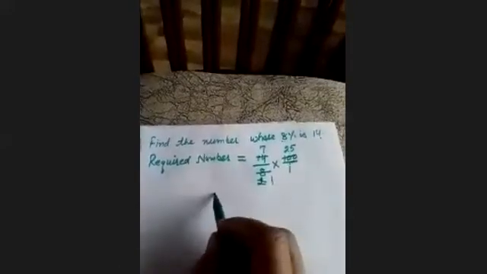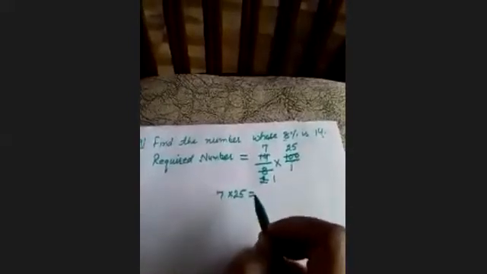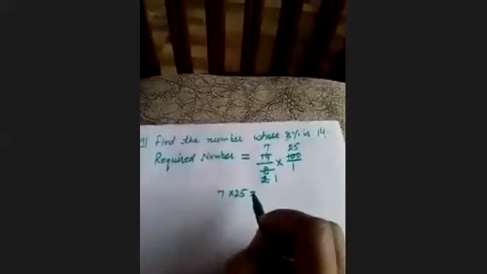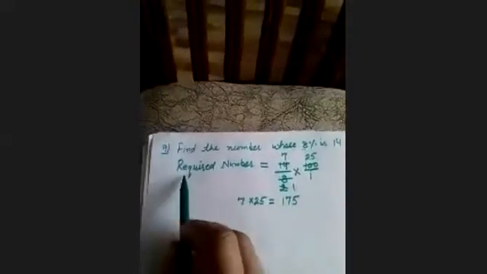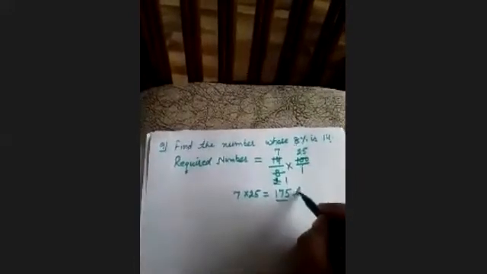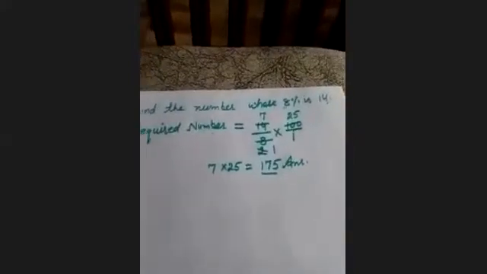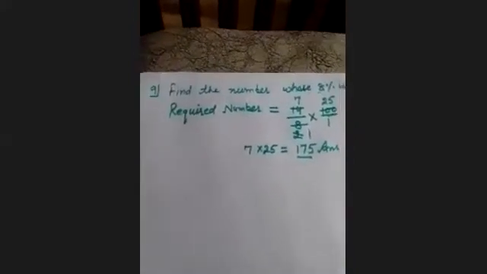Now students, we have 7 multiplied by 25. 7 into 25 is 175. So our required number is 175. This is question number 9th.